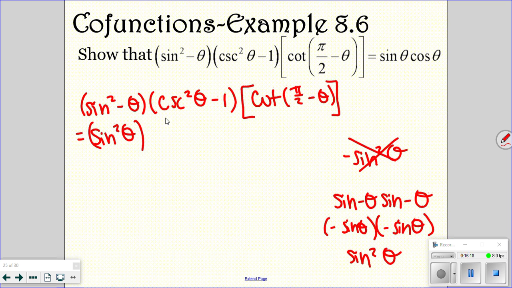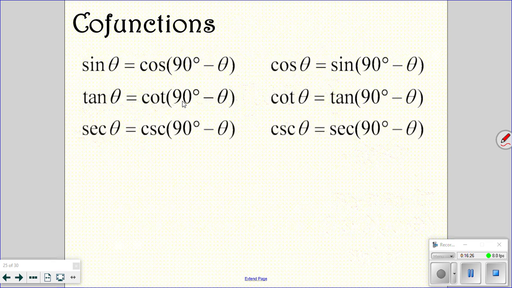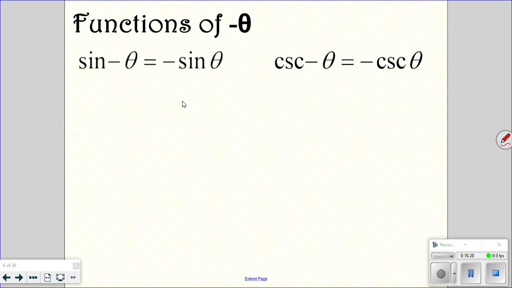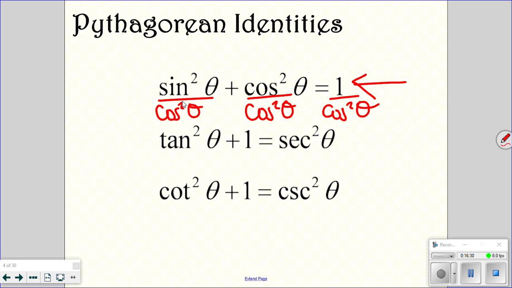Okay, so now for cosecant squared theta minus 1, you're going to want to go back to your Pythagorean identities from the beginning. So I can do that real quick. And we were dealing with cosecant.